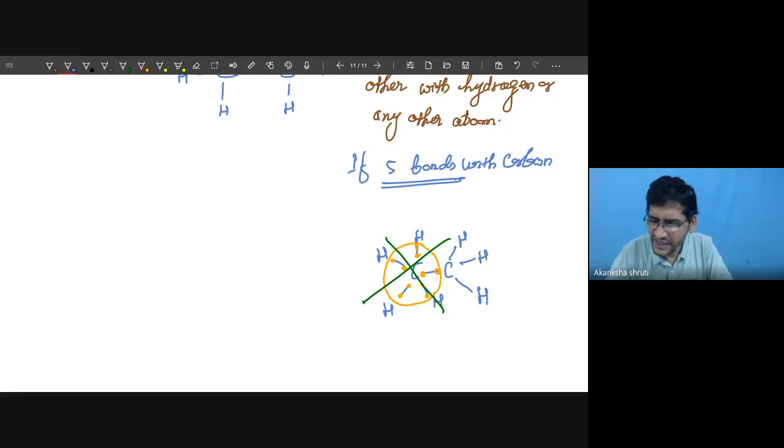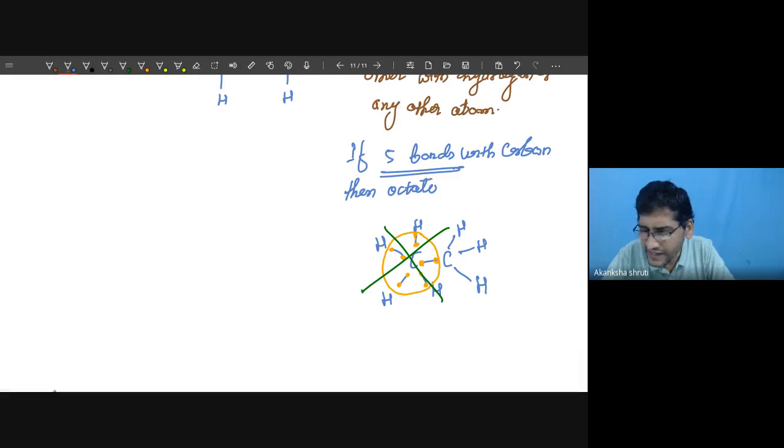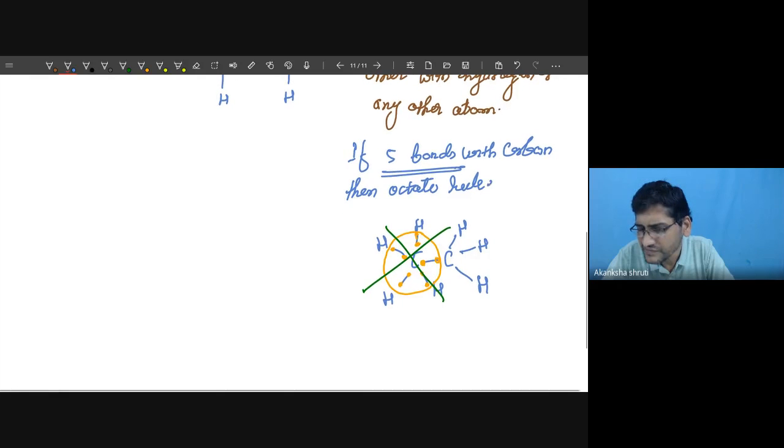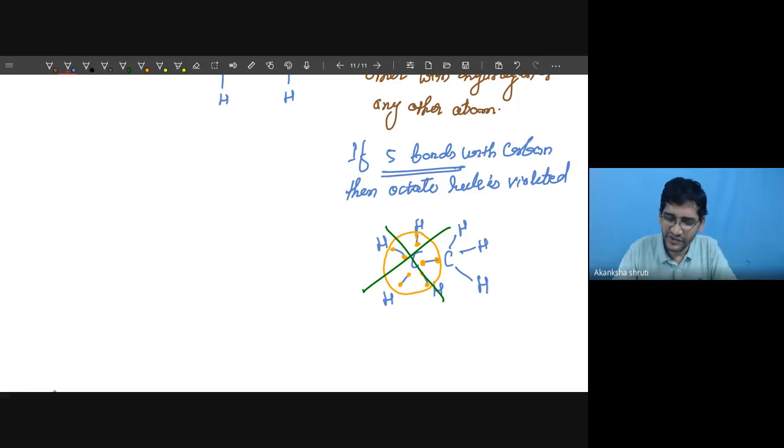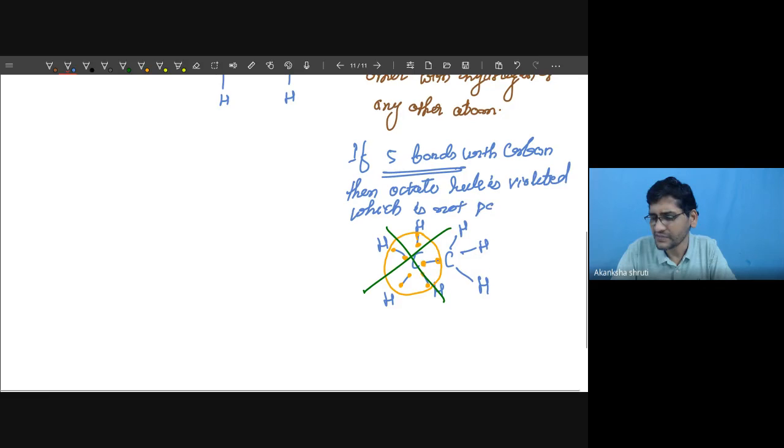If there are 5 bonds with carbon, then the octet rule is violated.